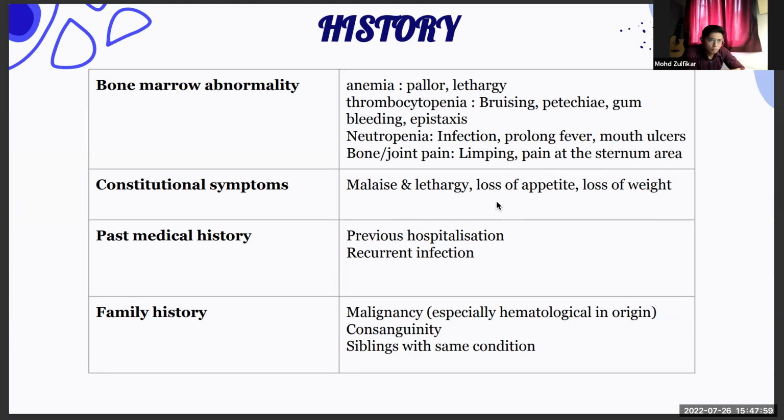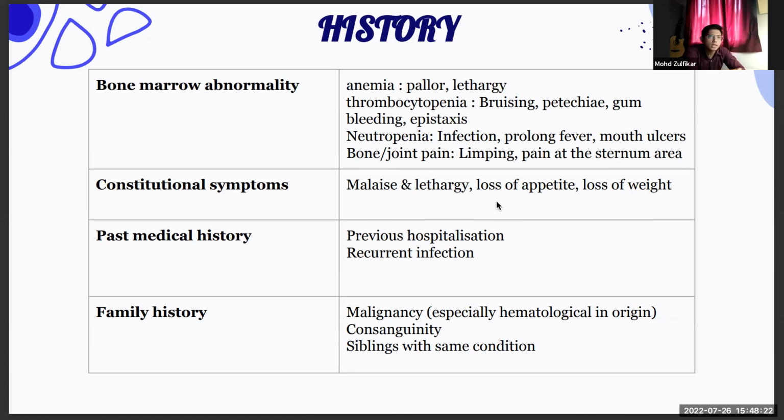We also need to look at the signs of neutropenia, so if there is infection, prolonged fever, or mouth ulcer. We should also ask about bone or joint pain, where the patient might have a limp or pain at the sternum area.